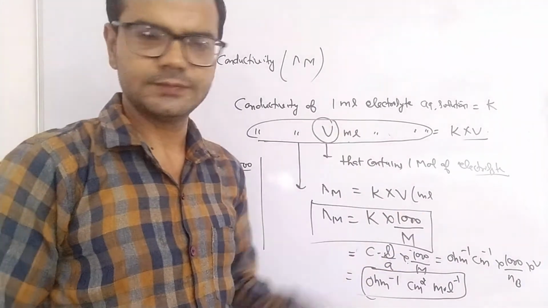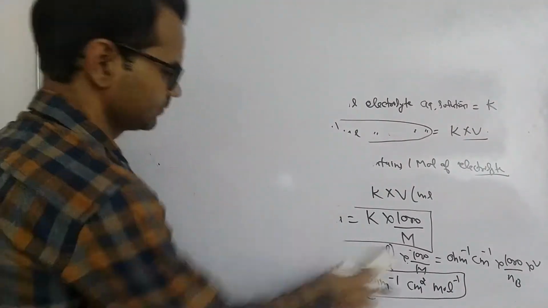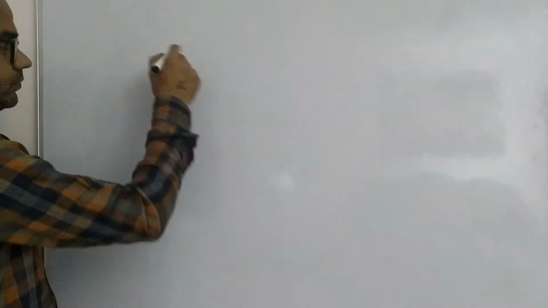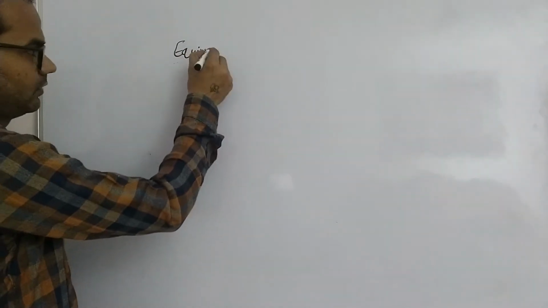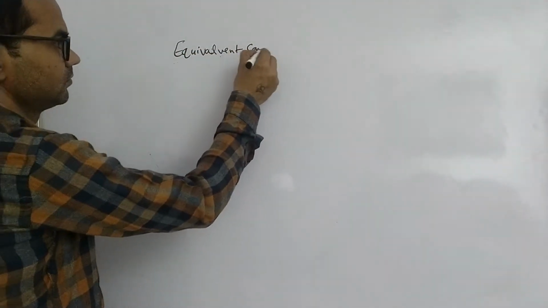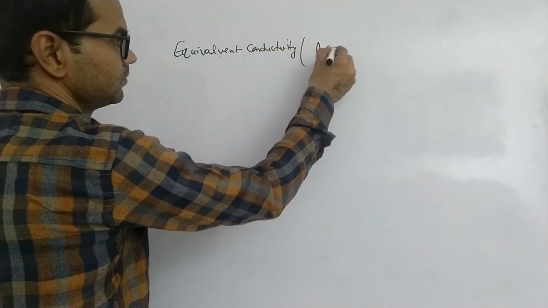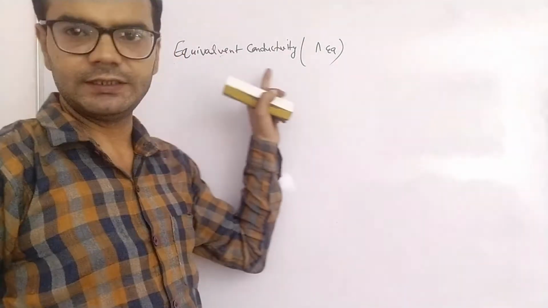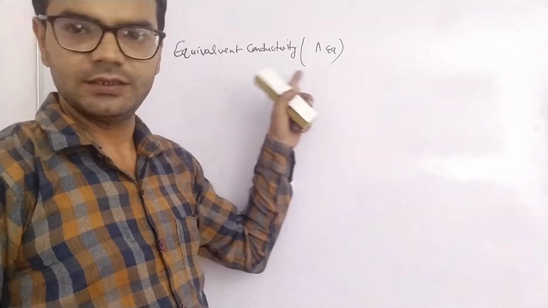Right? Next is equivalent conductivity. It is the conductivity of 1 gram equivalent of an electrolyte.